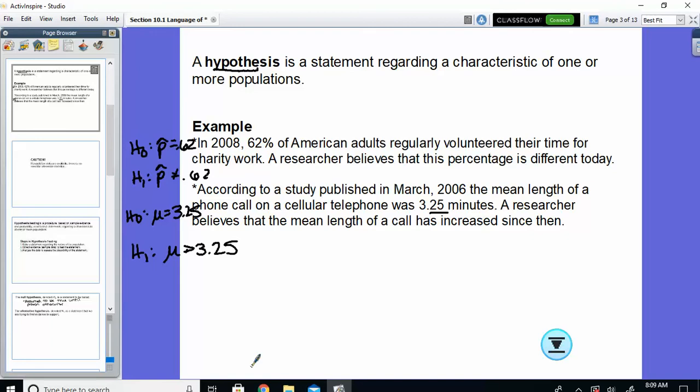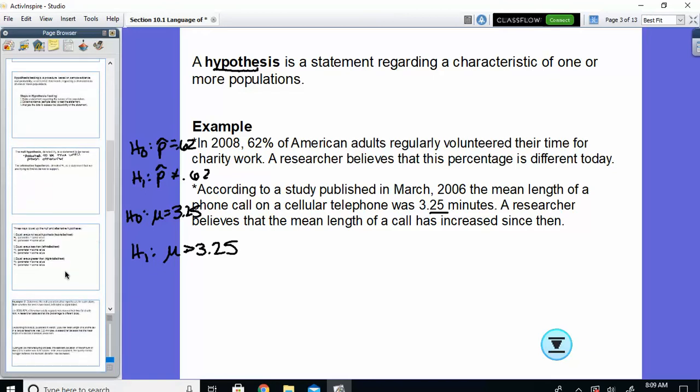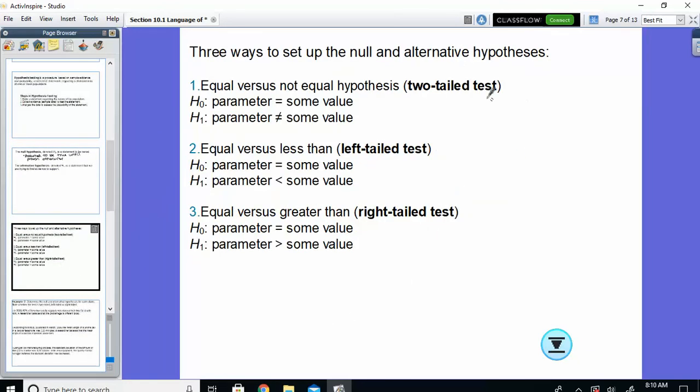So the null hypothesis, we have to find evidence to prove that it's wrong. If I don't get evidence, then I'm assuming that's still correct. If we get sufficient evidence, then that means we can believe the alternative hypothesis. So the three scenarios: there's two-tailed, left-tailed, and right-tailed.